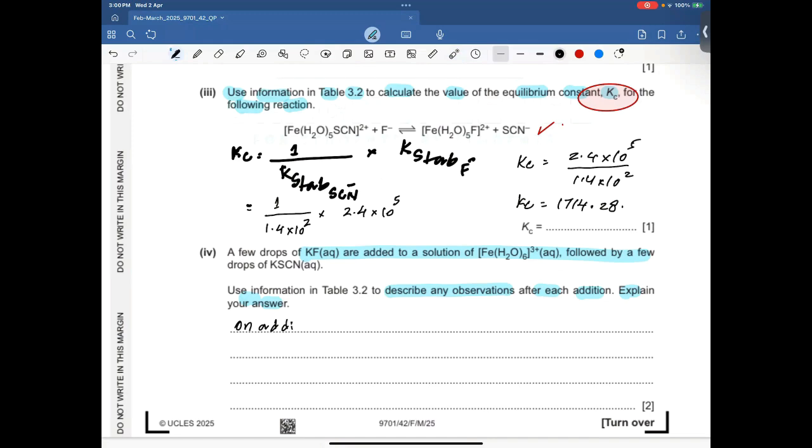On adding potassium fluoride, concentration of fluoridine increases. Equilibrium favors towards right hand side.